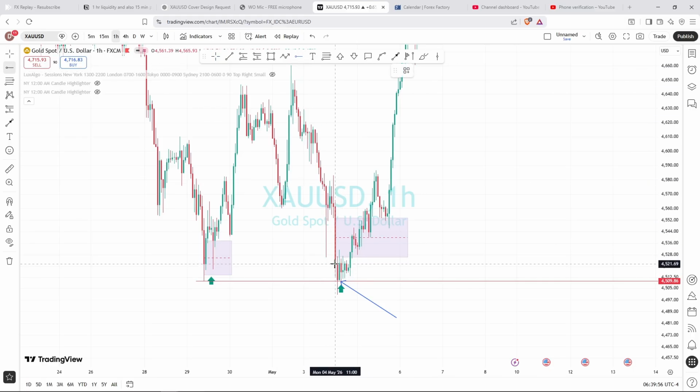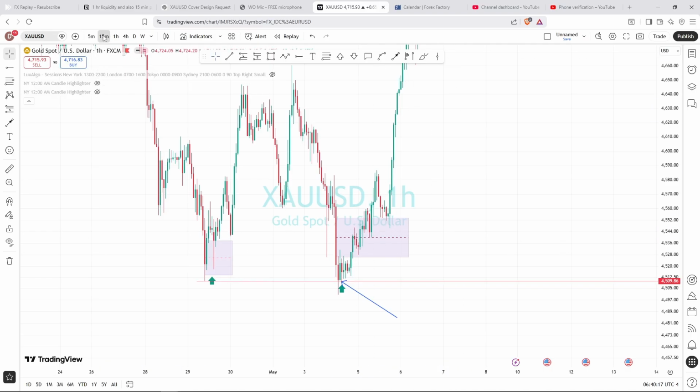What do I mean by engulfing? It closed above our previous candle. You can see the blue candle closed above our red candle, so that means it engulfed. So it has printed out, closed above our candle, and tapped into our fair value gap.